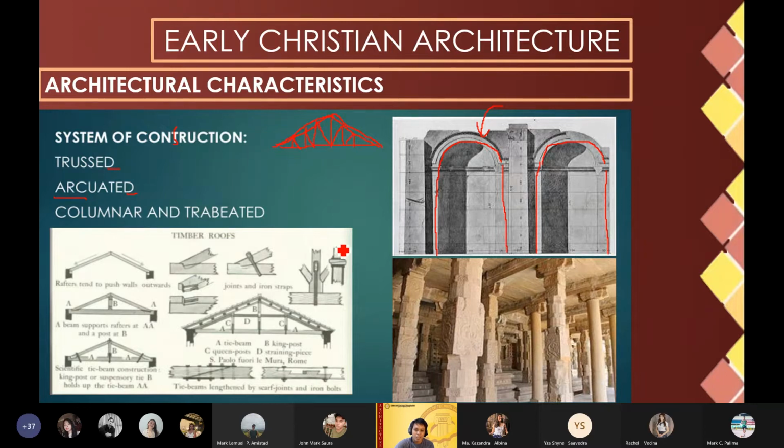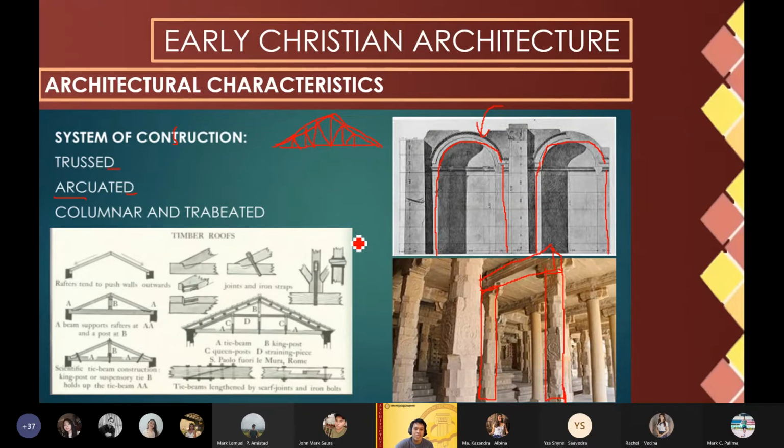Here, this is the post, or the column itself, and then the beam is placed on top. That's what you call trabeated, or another term we discussed before, post and lintel. It's the same as columnar and trabeated.